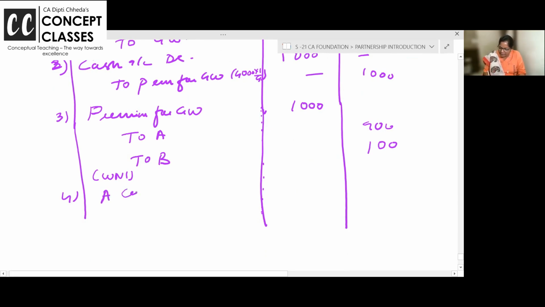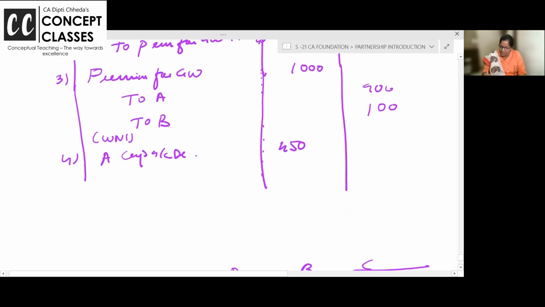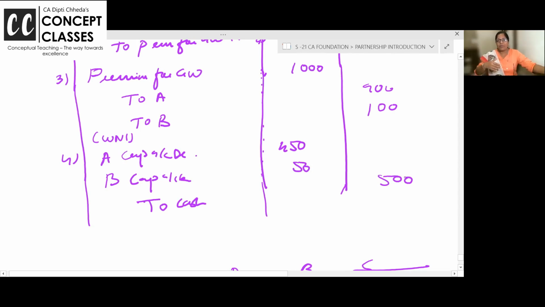So A's capital account debit 450 like drawings. B's capital account debit 50. Cash 500. 1000 goodwill came, no? Out of that 50% is withdrawn.